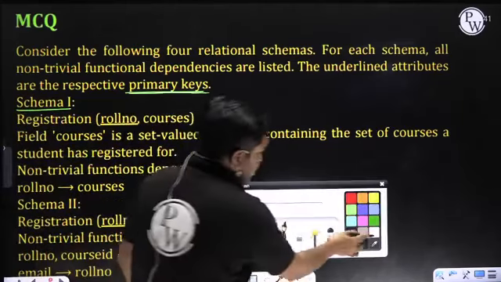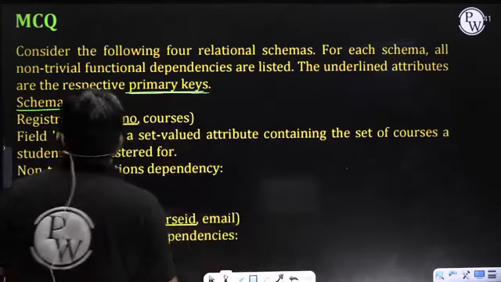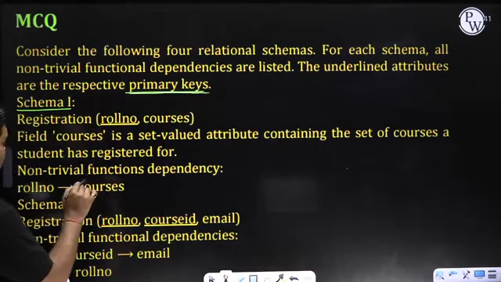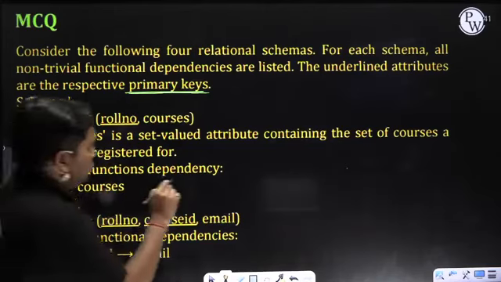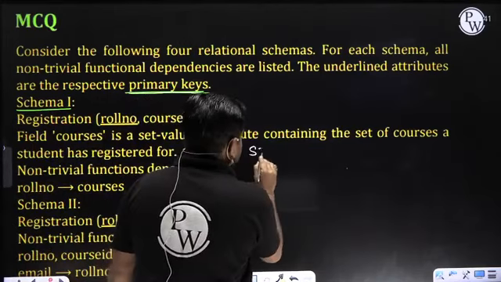Now when I deal with the first schema, you can see the non-trivial FD given is roll number to course.